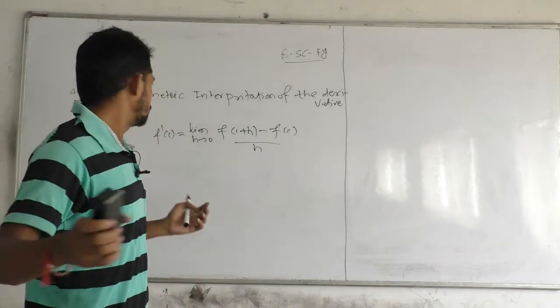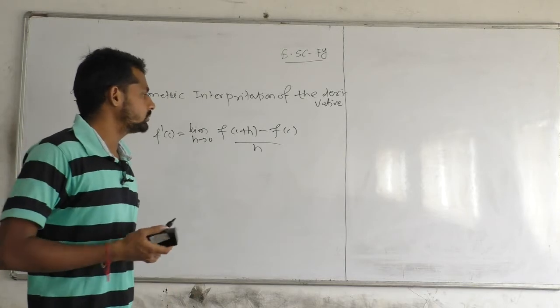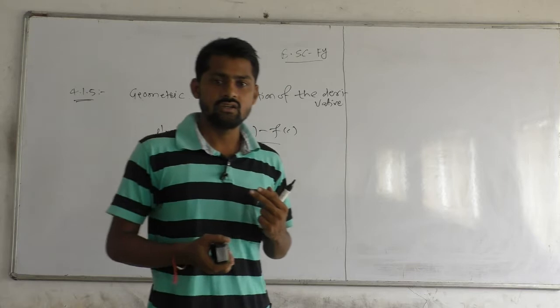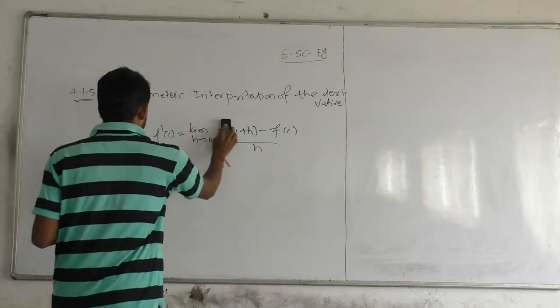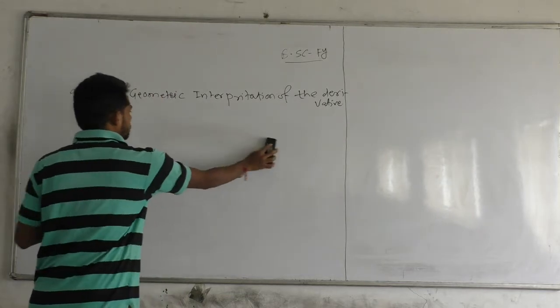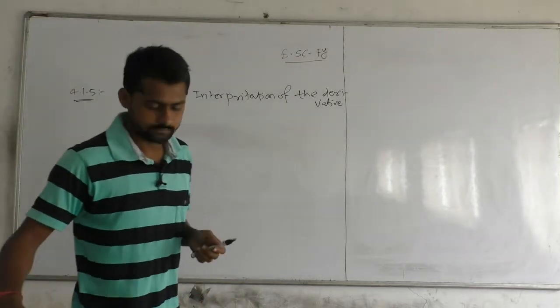So before starting the geometric interpretation of the derivative, you must know two things: what is meant by a tangent and what is meant by the equation of the tangent.